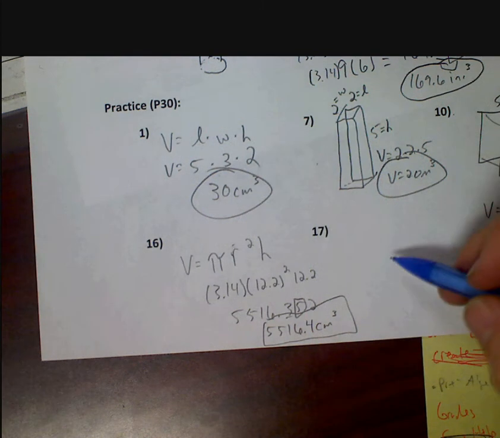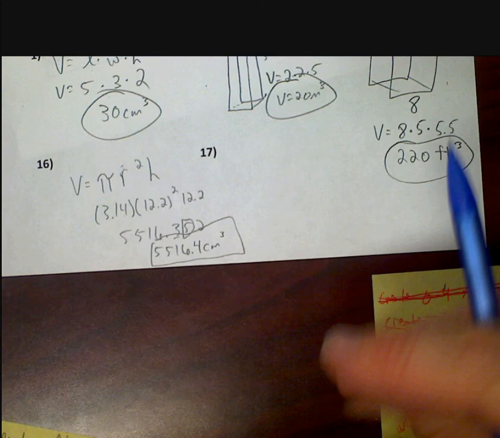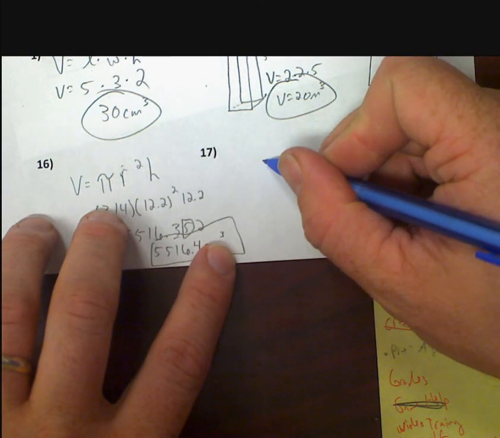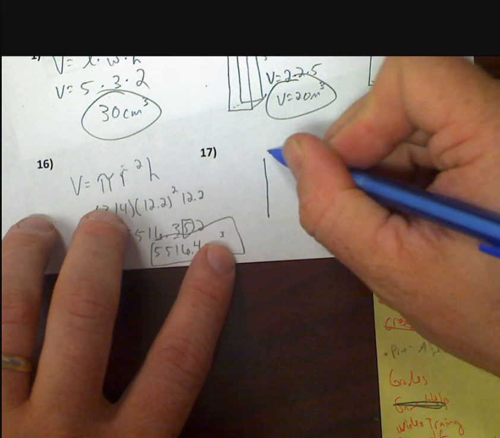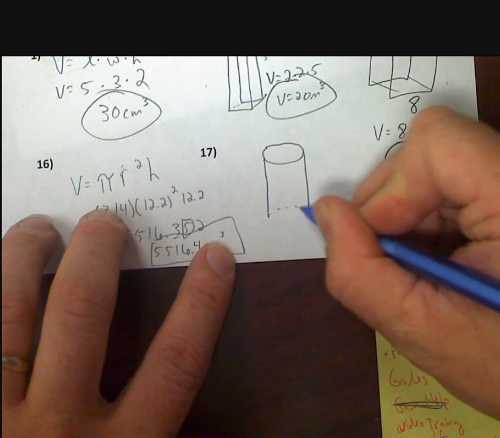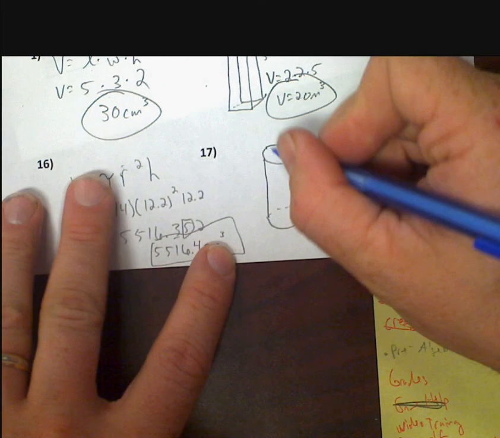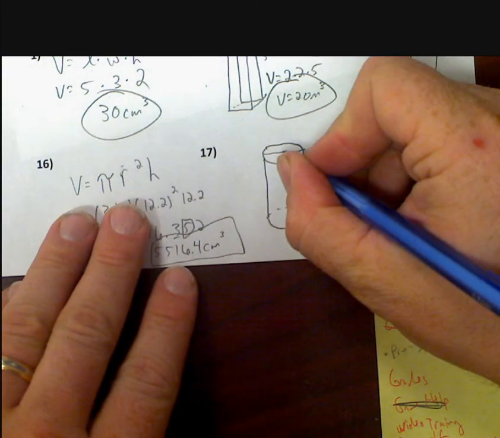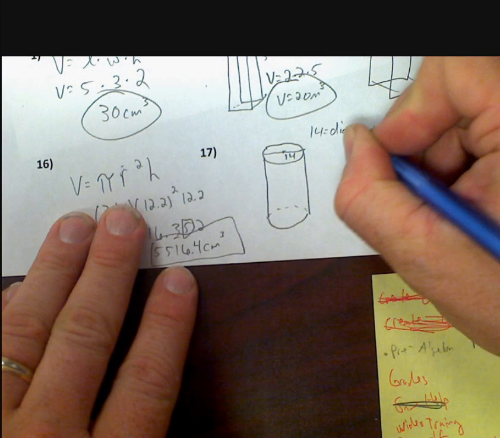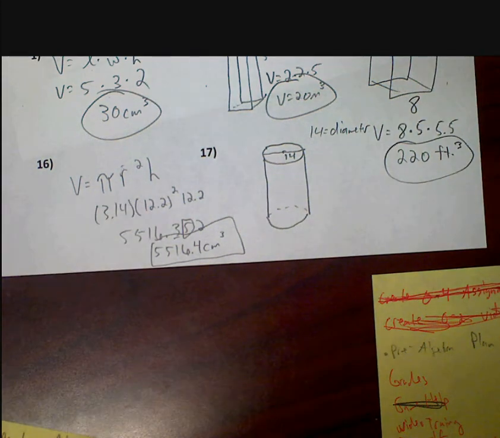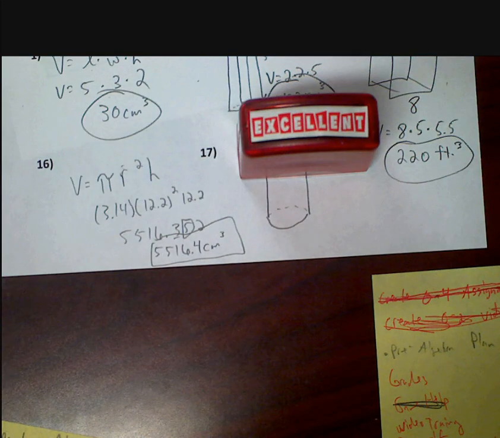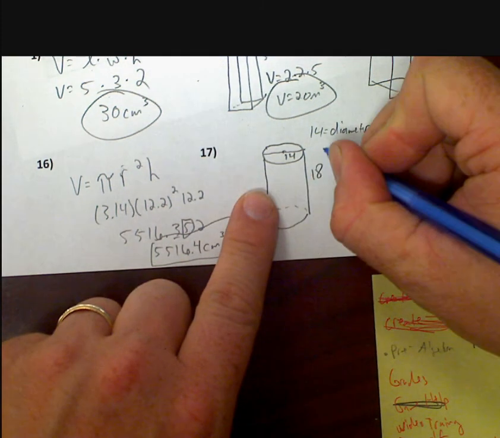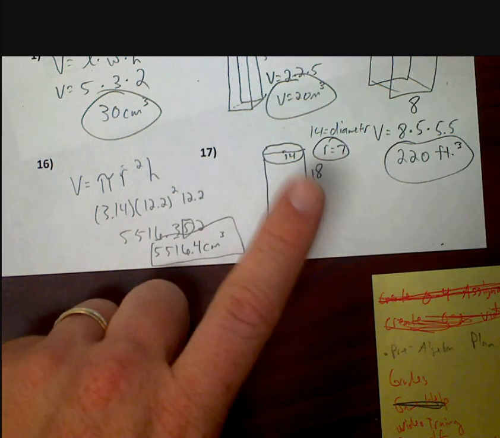Number 17. On number 17, I'm given a cylinder. And I'm going to draw this one because I need to show you guys something on this cylinder. They have 14 all the way across. If they have 14 all the way across, I know that 14 has to be my diameter. So go ahead and pause the video and try. If 14 is my diameter, my height is 18, then my radius has to equal 7. We divide the diameter by 2 first.